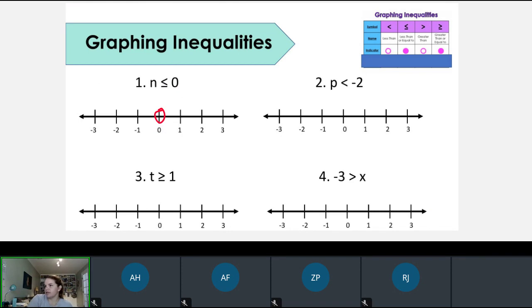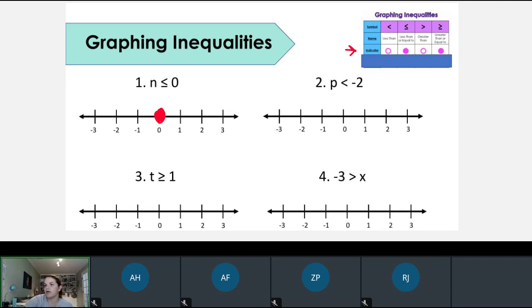This sign has an equal to sign underneath it, so I'm going to color in this circle. We're going to have a closed circle. Our solution set could include 0. If I put 0 in for n, I would have 0 is less than or equal to 0. 0 is not less than 0, but it is equal to 0.